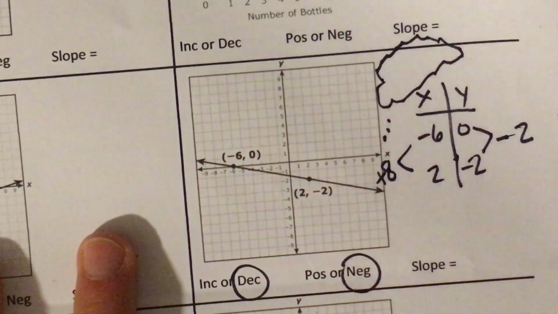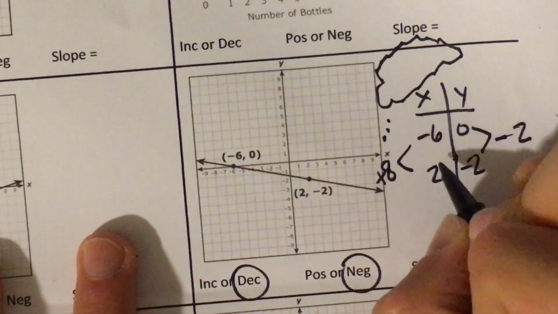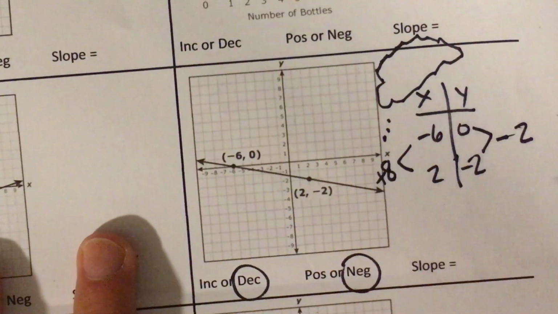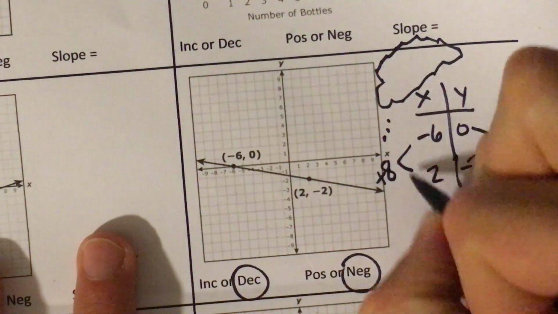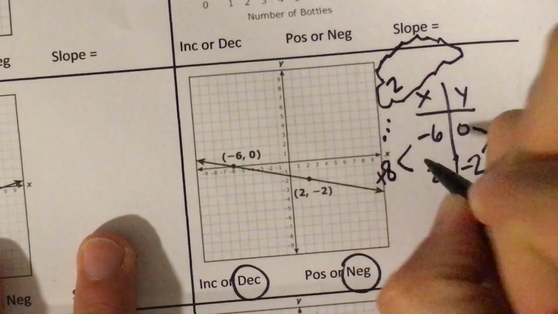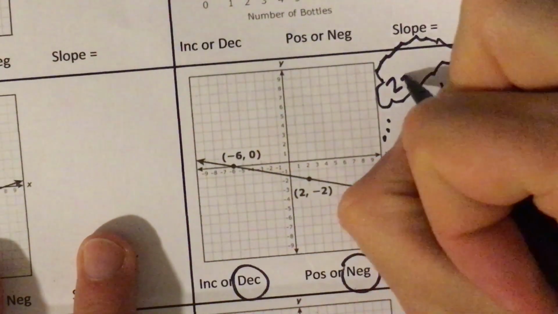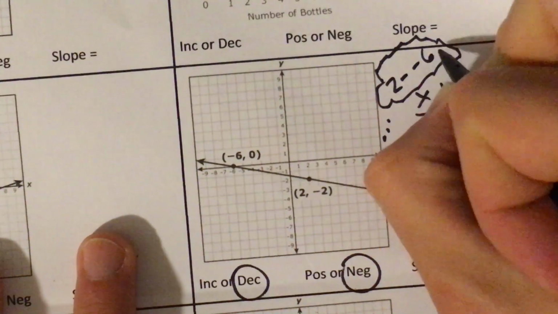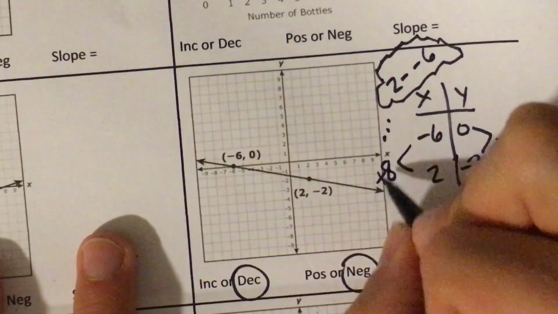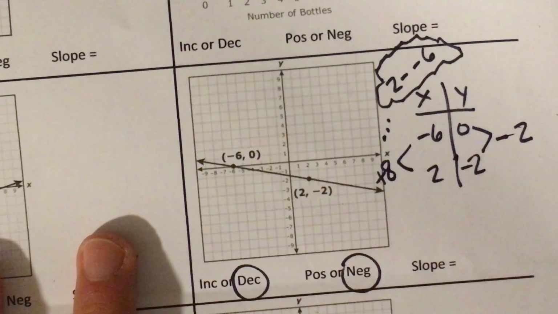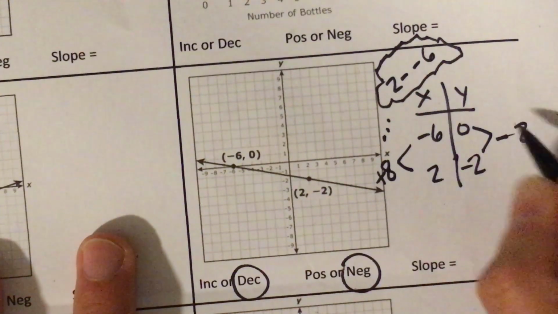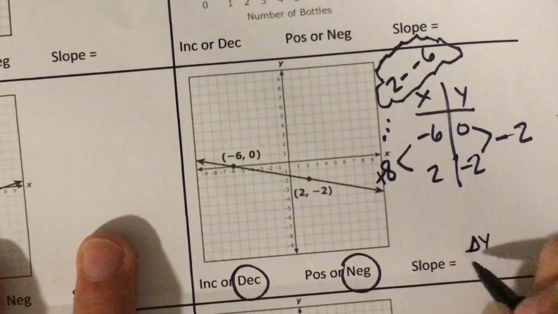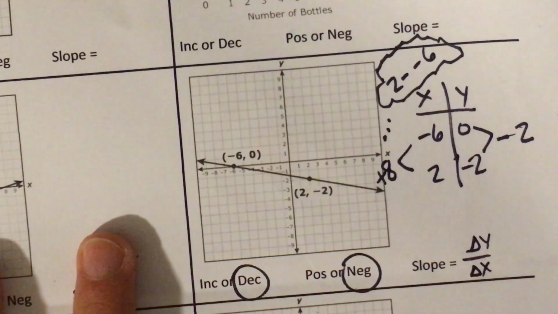So if I don't know what to add to -6 to make 2, right? I could just work backwards. So I could go from 2, and then I could subtract -6. So I could literally put in 2 minus -6 in my calculator, and it would give me an addition and add 8. At this point, though, we do have our change in y over our change in x, right?